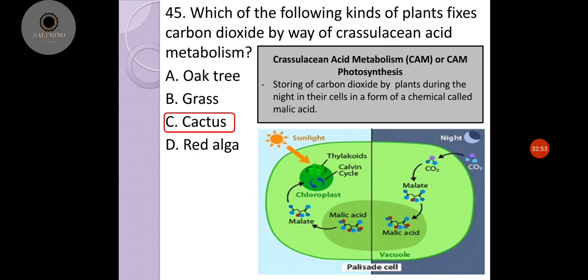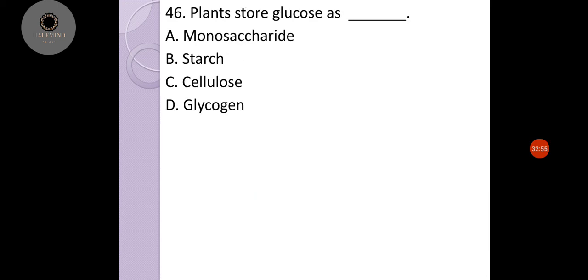Okay? Number 46. Plants store glucose as blank. So, yung plants nagsustore ng glucose in a form of starch. Okay? We can have starch sa mga balanghoy, sa mga kamuti, or in their fruits. Okay?